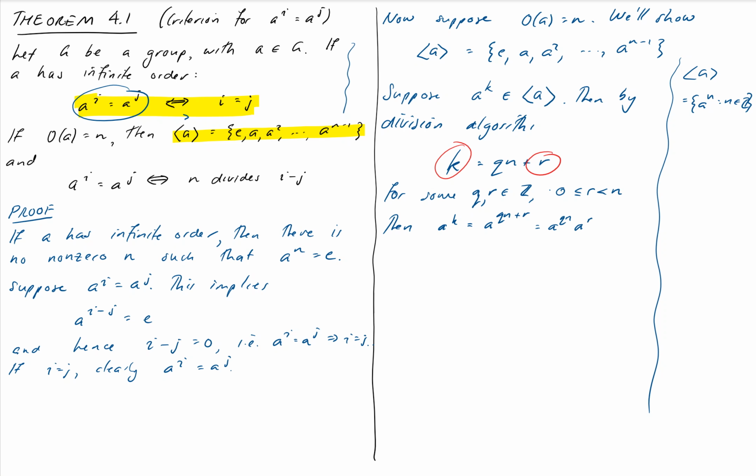Now a to the qn is just q times the order of a, so that's just the identity, so it's e to the q times a to the r, which just equals a to the r, which is a member of our set.